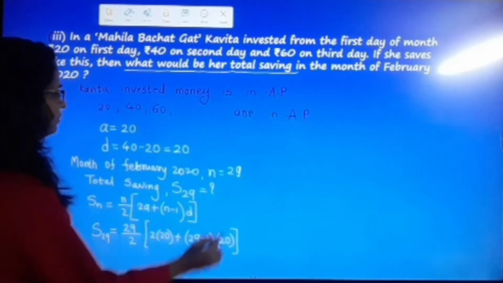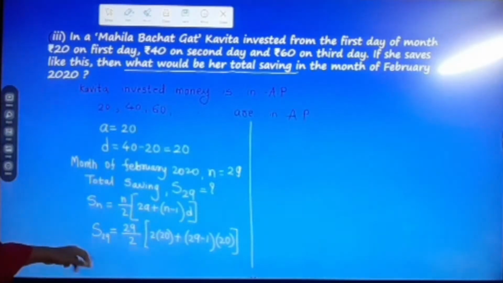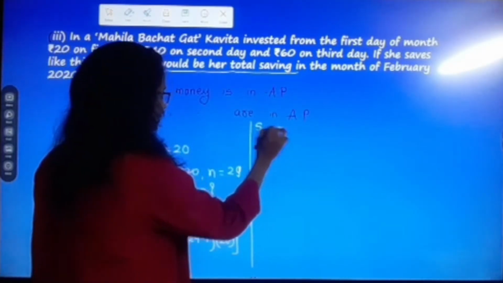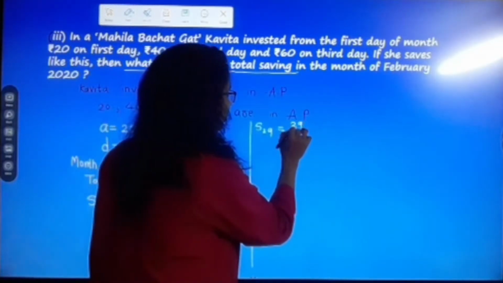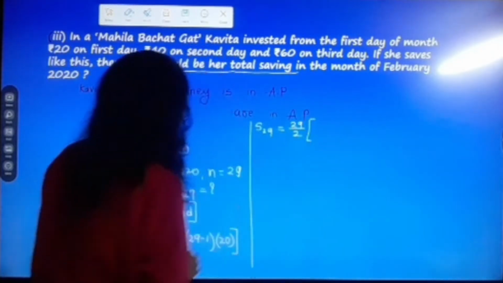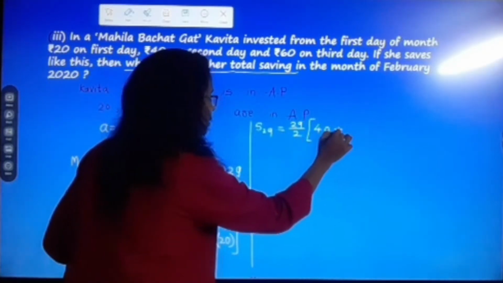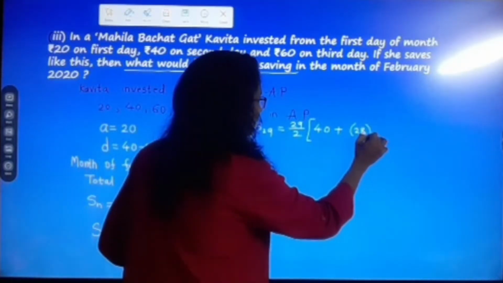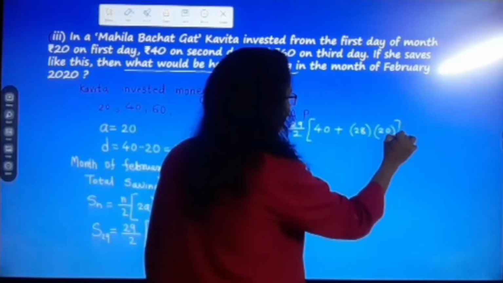So now here students, I solve S29. S29 is equal to 29 upon 2 in the bracket 40 plus 29 minus 1, that is 28, multiply 20, bracket complete.